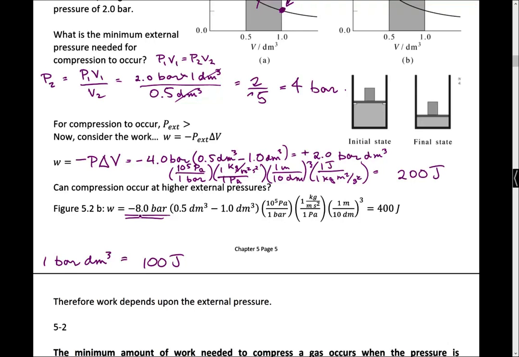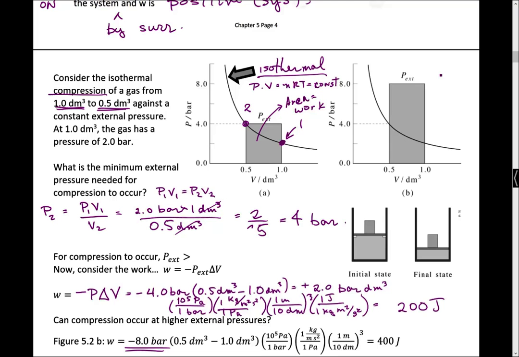It's got the same final volume, temperature, number of particles, and pressure inside. We good? That's what's shown here. In this second case, this area corresponds to the work whenever we have an external pressure of 8.